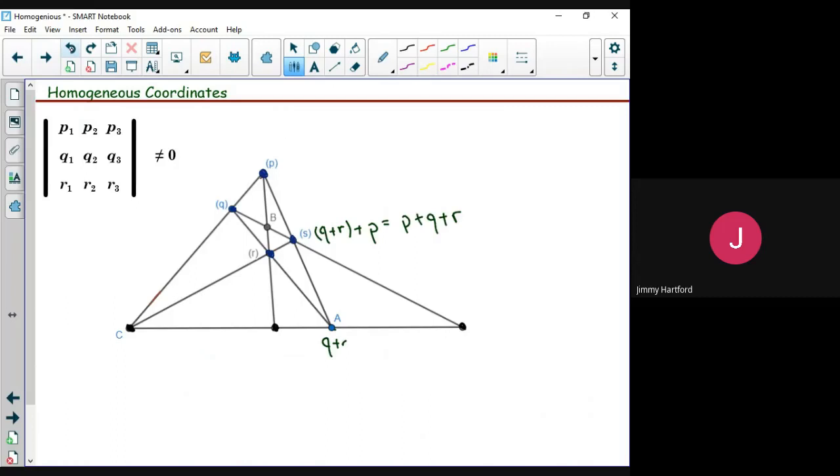It's on the line that contains Q and S, and it contains P and R. So that means we're going to find the difference, and we're going to have P plus Q plus R minus Q. So point B is going to be P plus R. And then point C, it's going to be some combination of P and Q. So C is going to equal P plus Q.